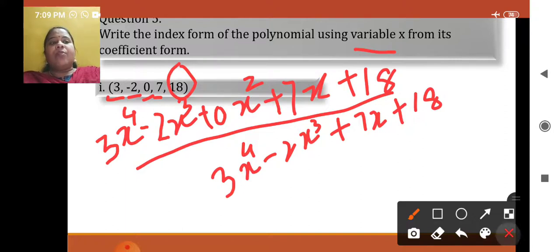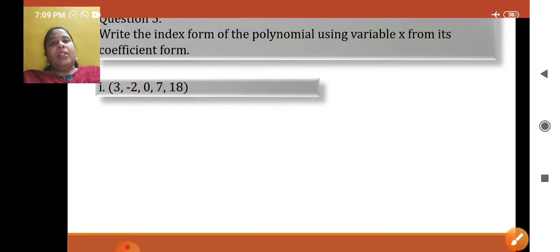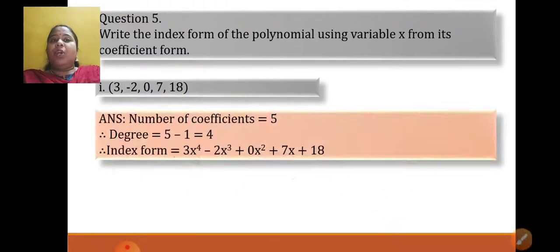So for index form, what is the important thing to remember? That the degree will be number of terms minus 1. So see this, 3x raised to 4 minus 2x cube plus 0x square plus 7x plus 18. Either you leave the answer like this or you remove this and then write the final answer. Both are absolutely right. Okay, so I hope you have understood it.